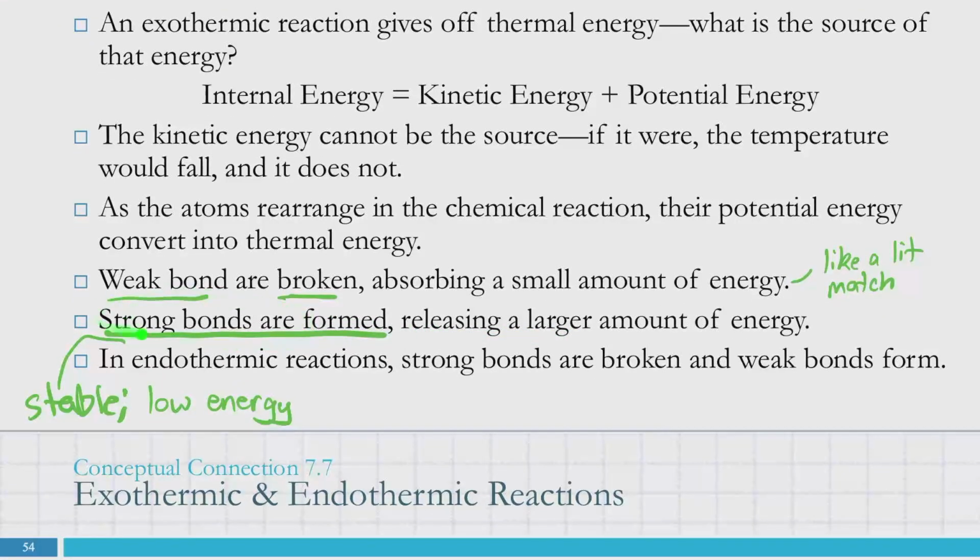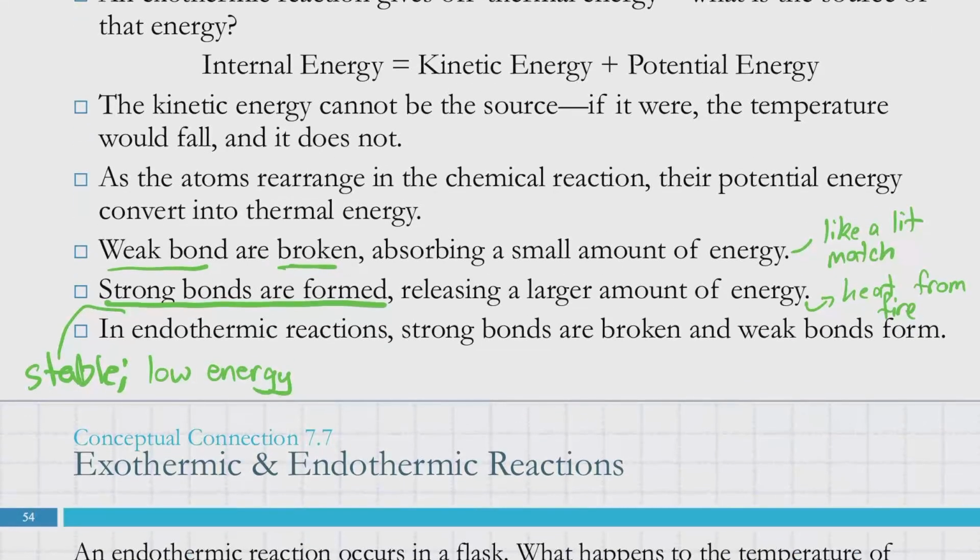When these strong, stable, low energy bonds are formed, we're releasing a large amount of energy. So we use a little bit of energy in the form of a lit match or a lighter to start a candle or an engine or a fire. And then we get lots of heat out because of all of the bonds that are being broken and reformed.